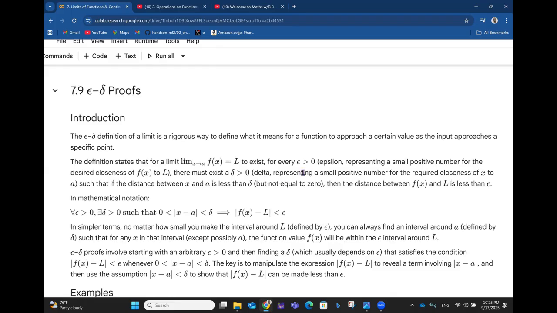Delta represents a small positive number for the required closeness of x to a. So epsilon is close to f of x, while delta is close to a, towards which x is approaching. Such that if the distance between x and a is less than delta, but not equal to 0, so it's a very small gap, then the distance between f of x and L is less than epsilon also. That's the foundation of epsilon delta proofs.